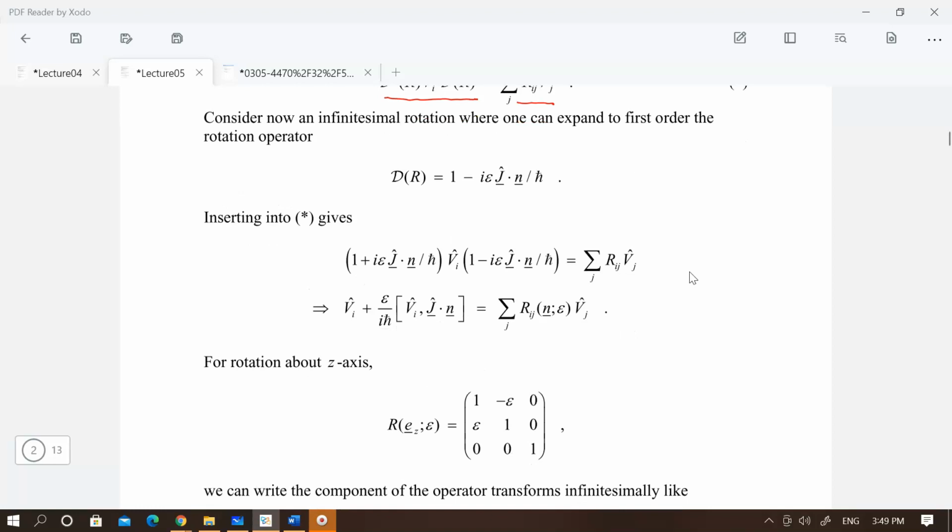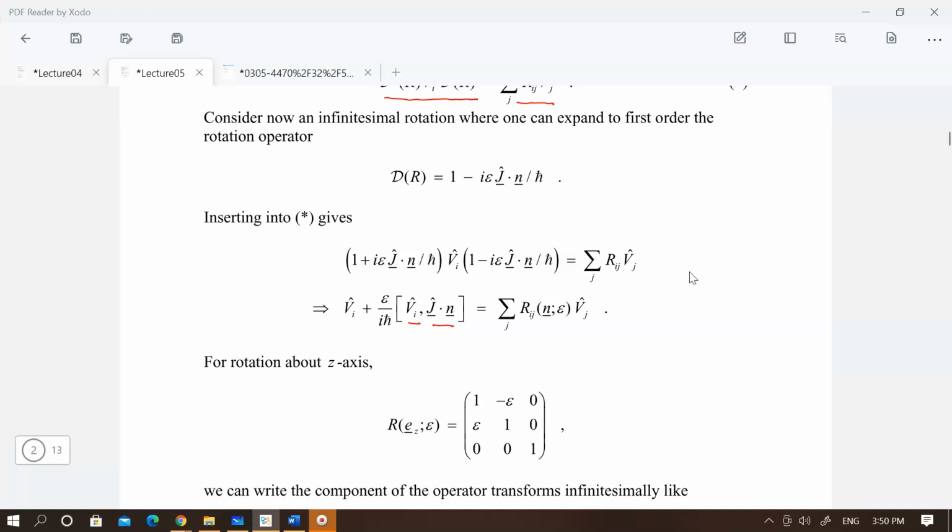And if you expand this out, you should be getting V_i plus epsilon over i h bar of the commutator between V_i and J dot n.